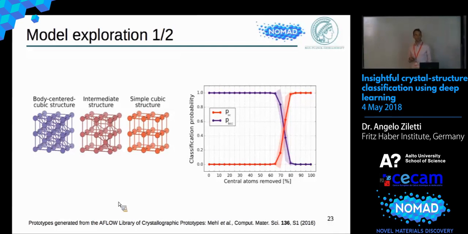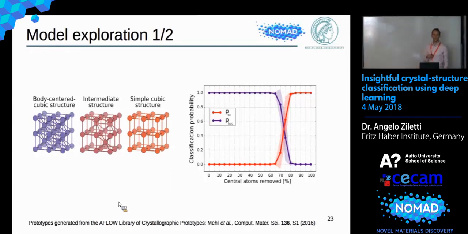Here you get the classification probability by the network, and you see it is purple, so it's very sure that this is BCC, up to, I don't know, 60, 70%, and then the neural network starts being unsure, and you have a crossover as you would expect. Then the neural network thinks this is now a defective simple cubic, and it's very sure about it. It's not 50%, life is non-linear, so you should not expect that.